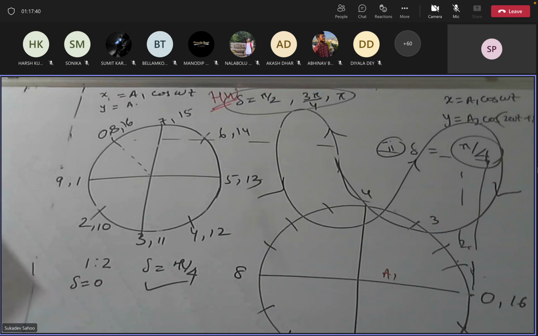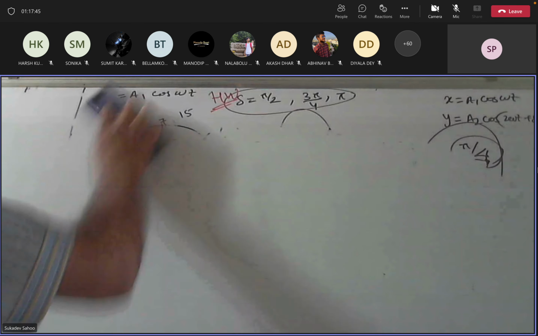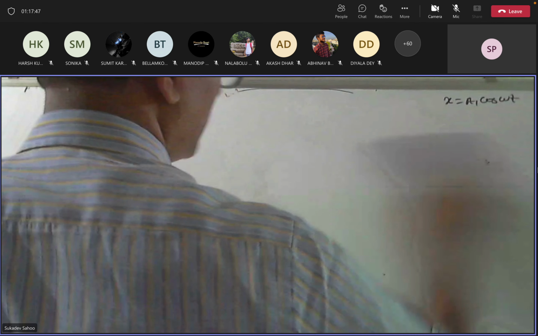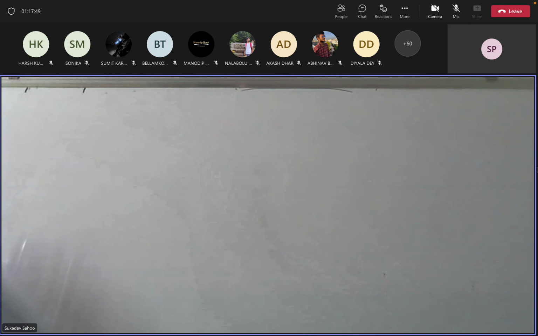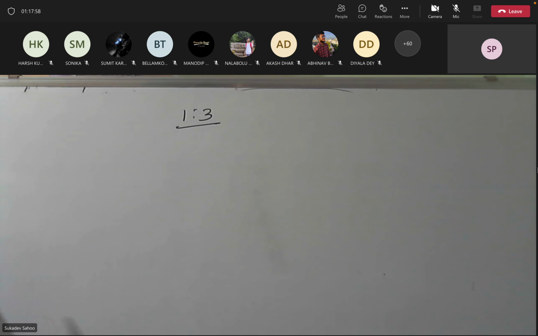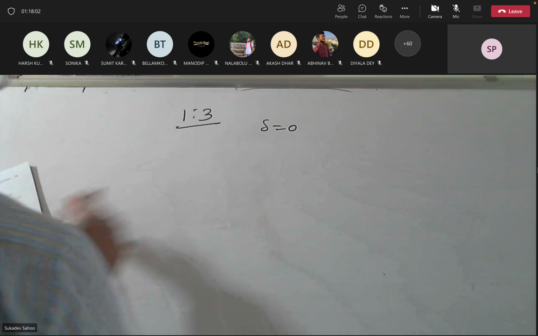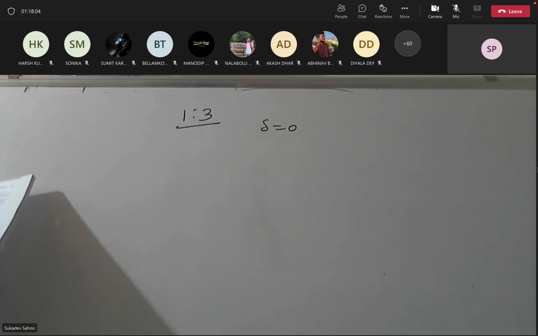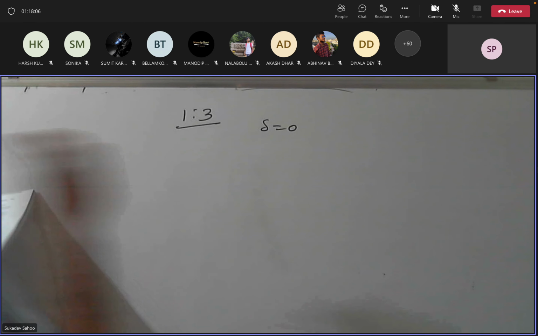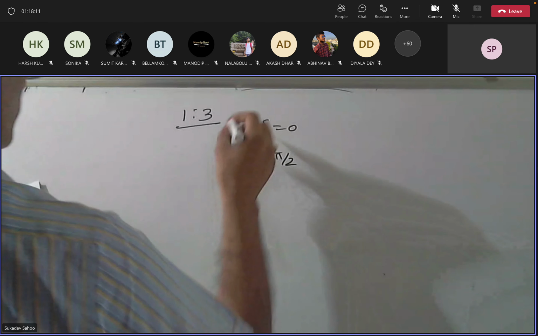If the frequencies are 1:3, find out the Lissajous figure or resultant motion due to the application of two perpendicular SHMs having frequencies in the ratio 1:3 and delta equal to 0, delta equal to pi by 3, and pi by 2.